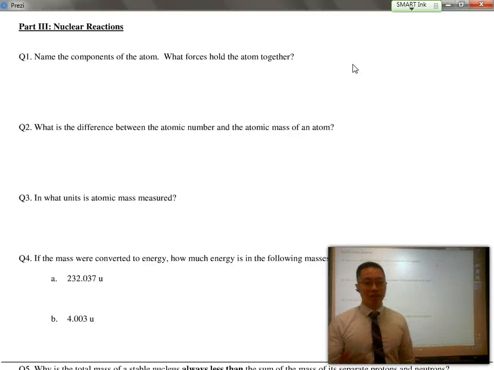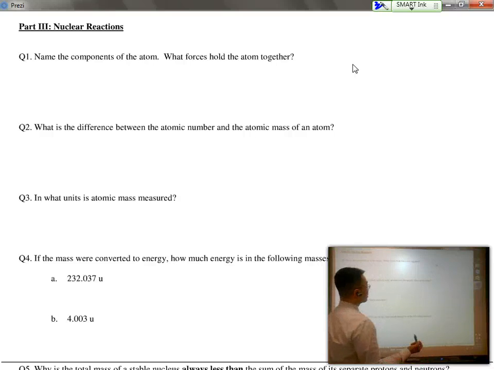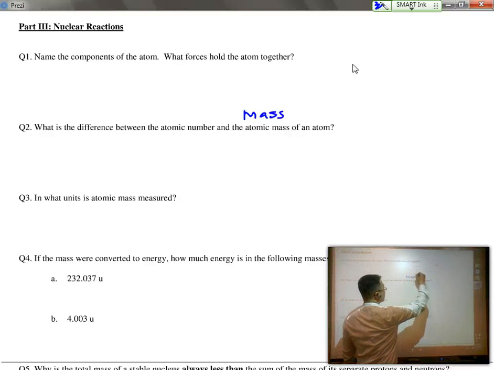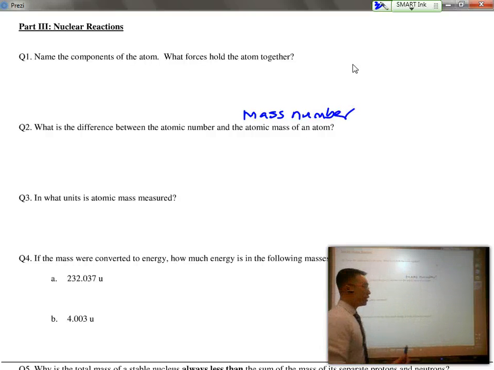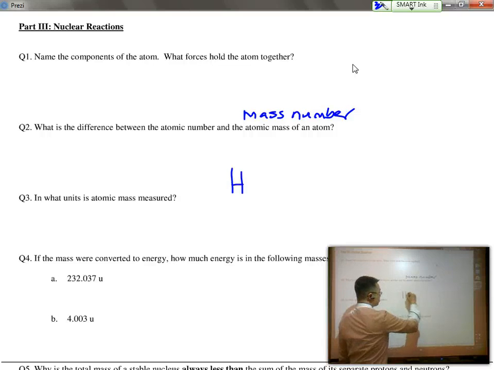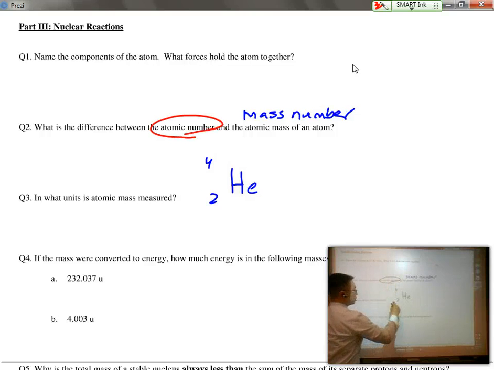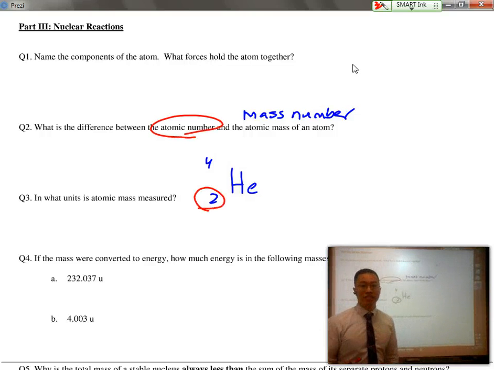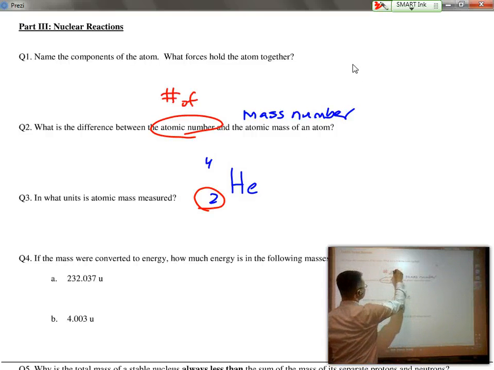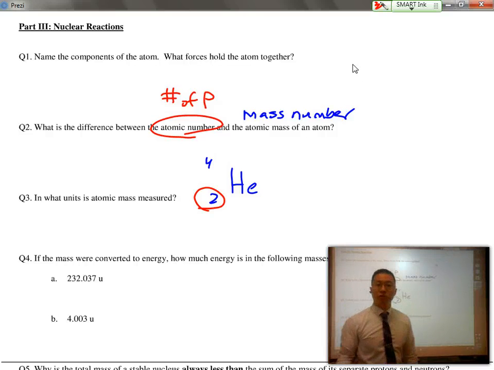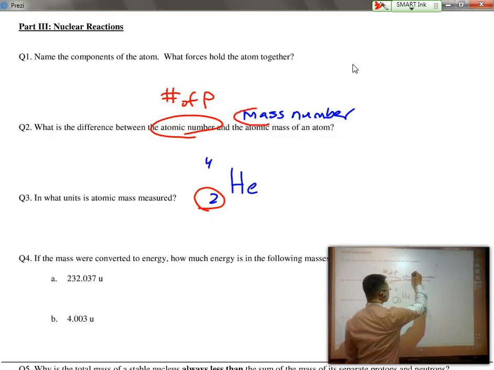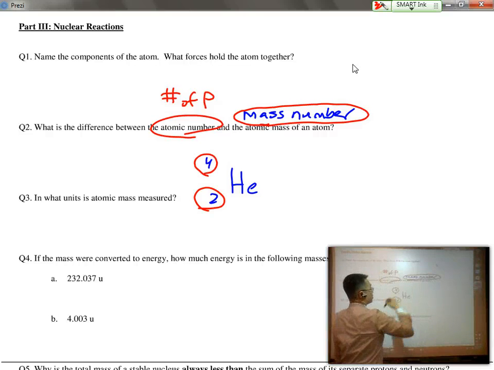Another thing to review, atomic number and atomic mass, or mass number as well. When we deal with, let's say, helium, as in our first example, the atomic number is 2. And the atomic number deals with the number of protons. When we're talking about the mass number, that would be that number over there.